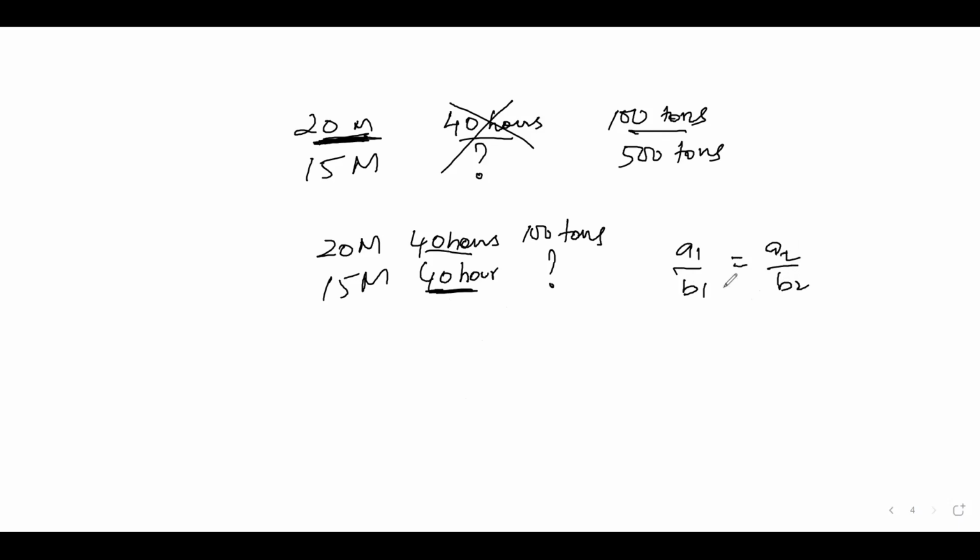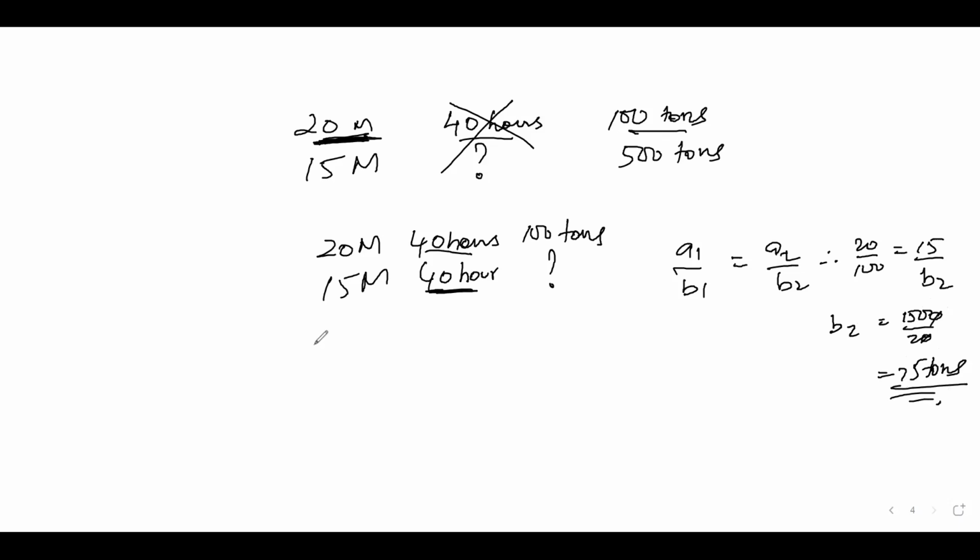Less machines, less output. More machines, more output if the time is constant. So out here, you have 20 over 100 is equal to 15 over, we need to find out, so that is B2. So B2 is equal to 1500 over 20. So that is 75 tons.